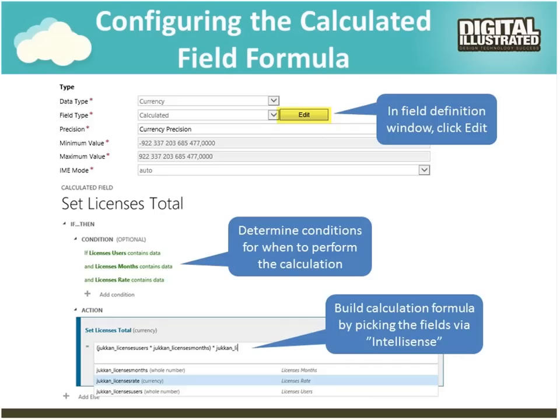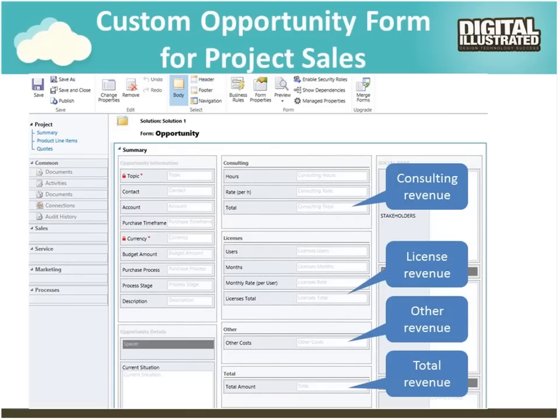And we can do it from the editor with a nice sort of IntelliSense way of building the formula there. So just in plain language, I select the fields, add the plus or other signs there for the arithmetics, and then define that this should always be the value of those fields. And then CRM will take care of the rest, so it will then update the fields on the form.